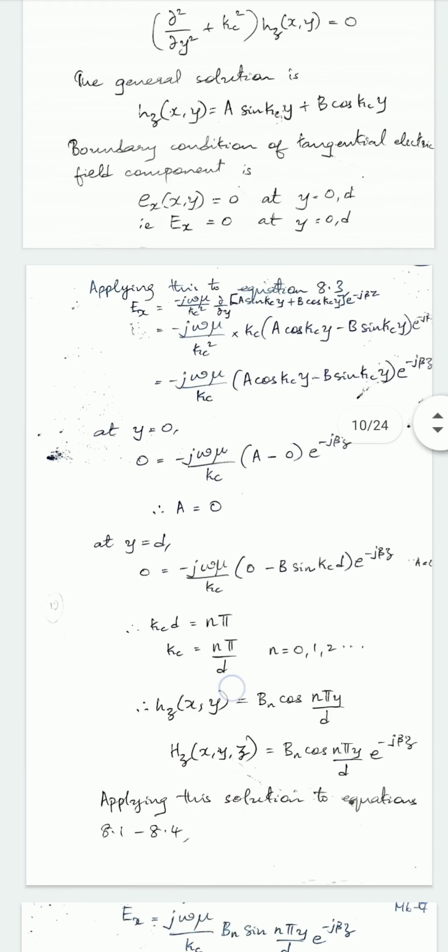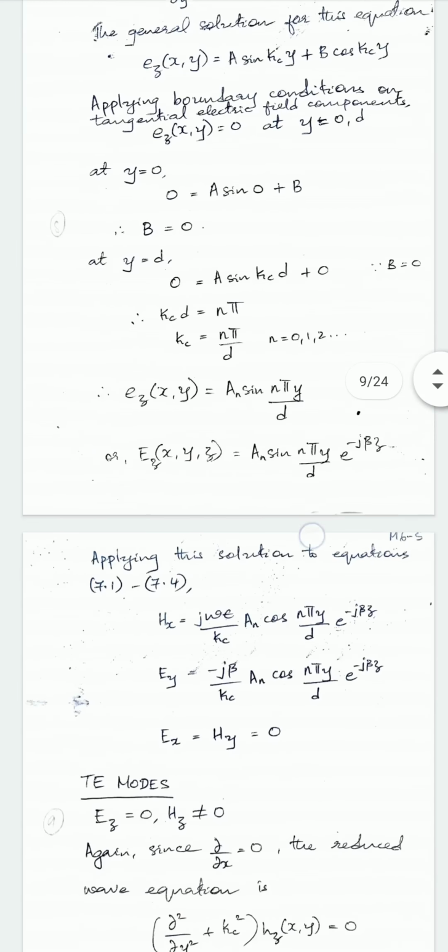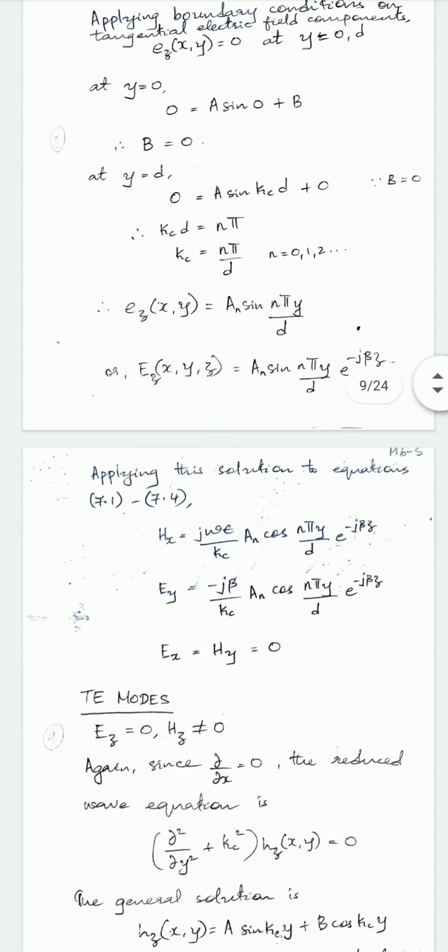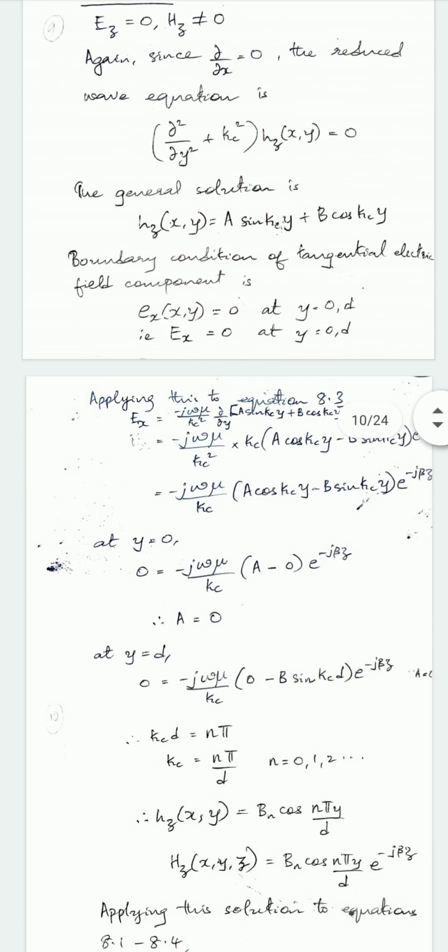Applying this condition to Ex, that is minus j omega mu by kc square into dou by dou y of Hz, you will get Ex as minus j omega mu by kc square dou by dou y of Hz(x,y), which is (A sin kc y + B cos kc y) e raised to minus j beta z. So after differentiation you will get minus j omega mu by kc into (A cos kc y minus B sin kc y) e raised to minus j beta z.